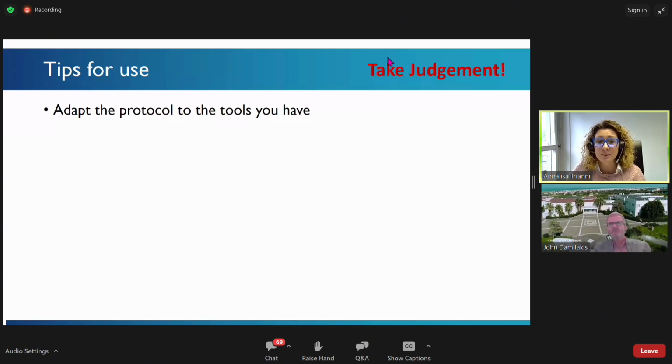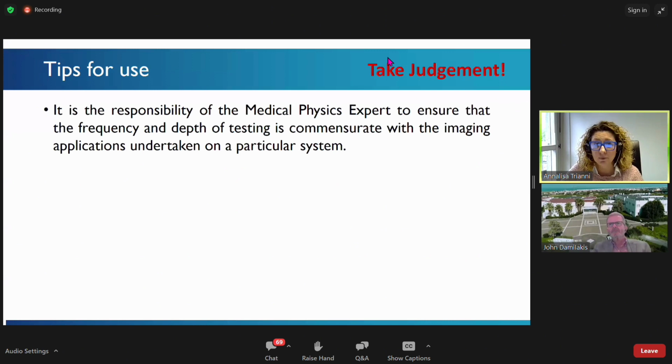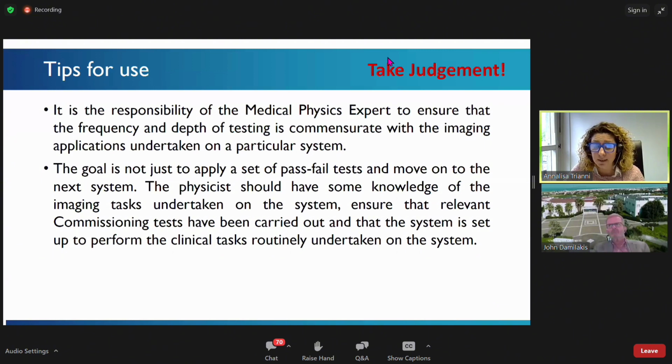It is at the end the responsibility of the medical physics expert to ensure that the frequency and depth of testing is commensurate with the imaging application undertaken on a particular system. And it's not just about applying a set of pass-fail tests and moving on to the next system.